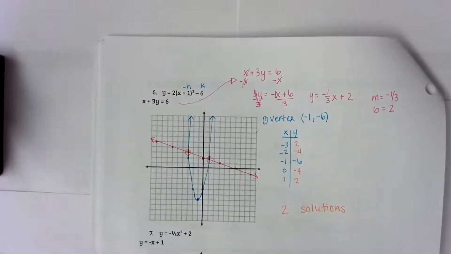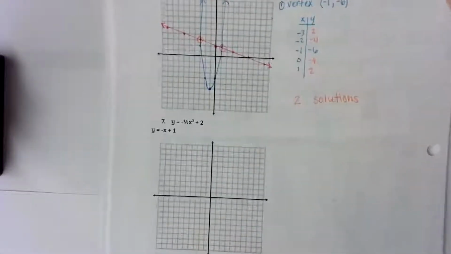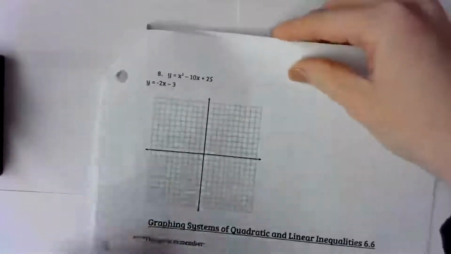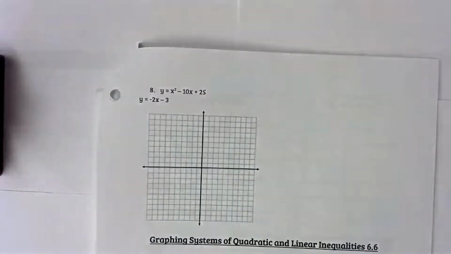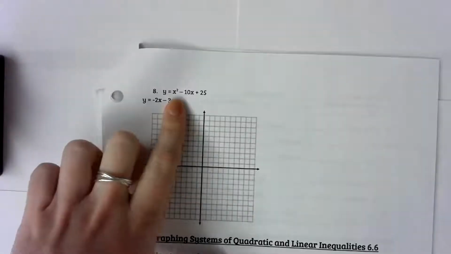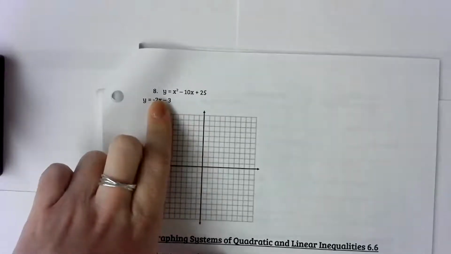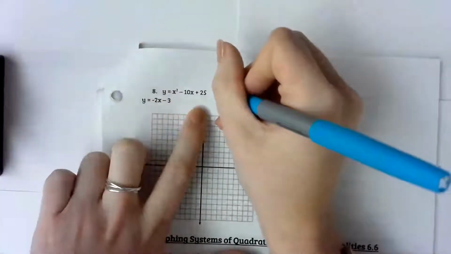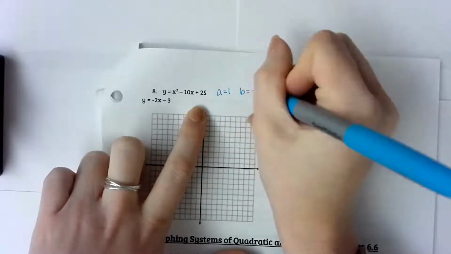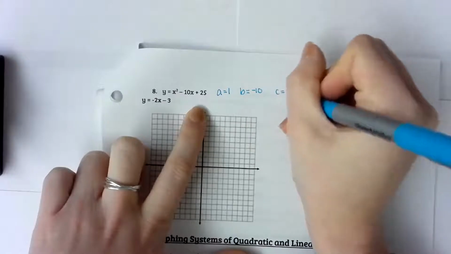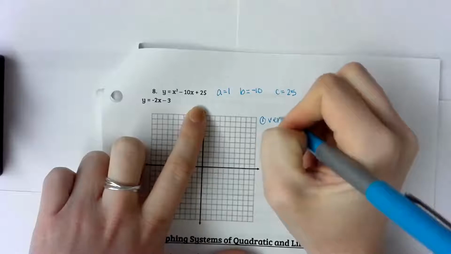Okay. So I want you to try this one on your own, but we're going to go ahead and do this one. So this one is back in that standard form. So I'm going to go ahead and say that A is 1, B is negative 10, and C is 25. So I need to find the vertex.